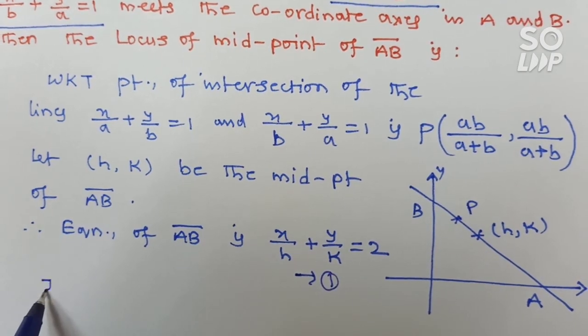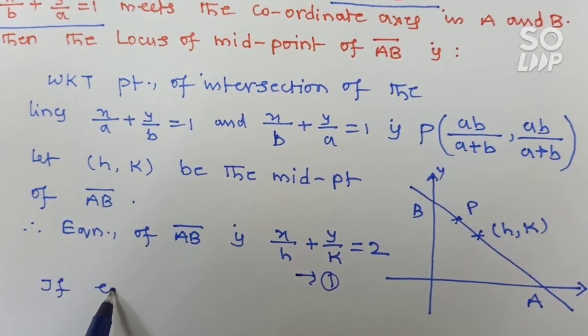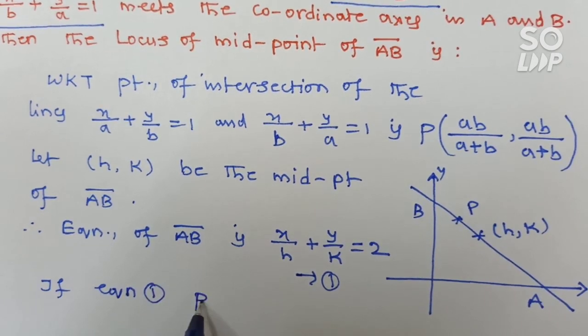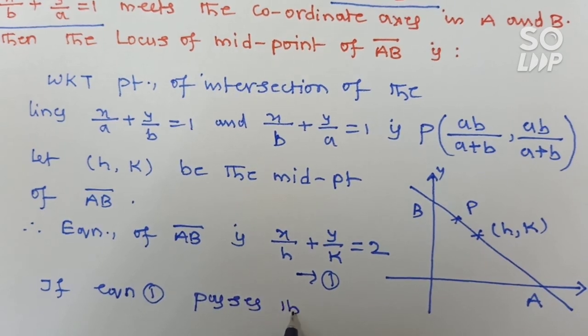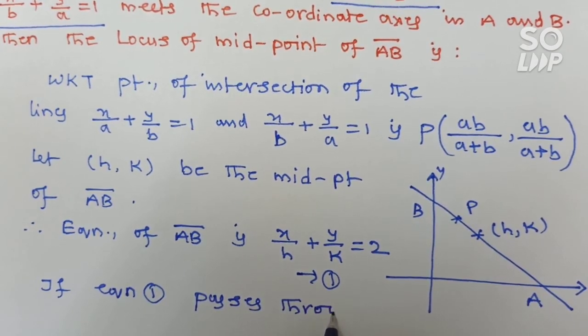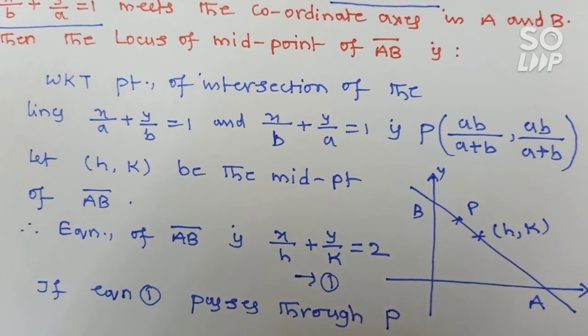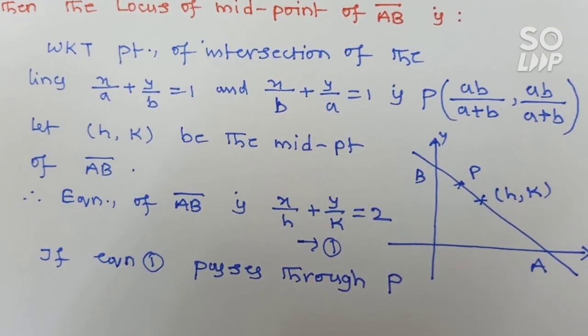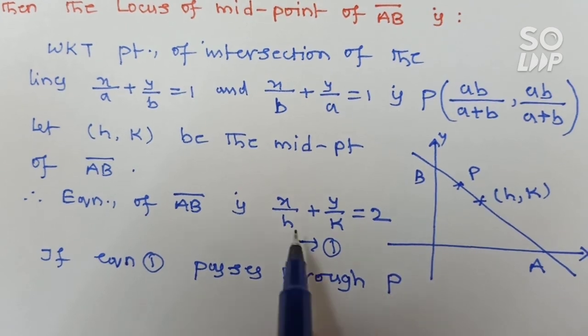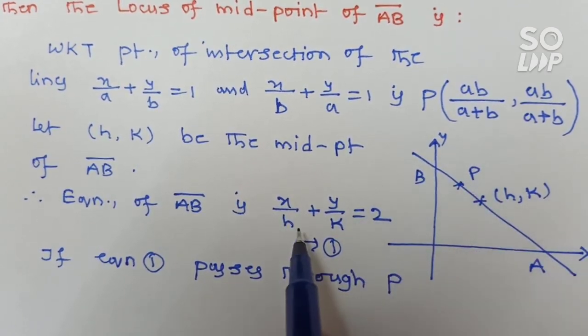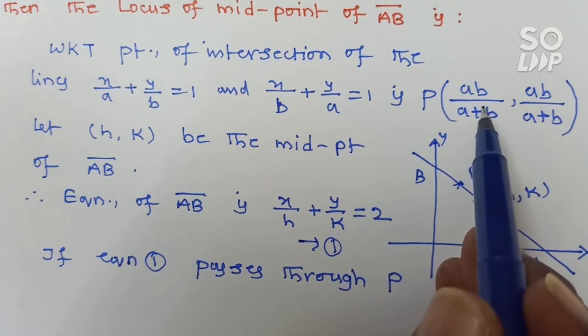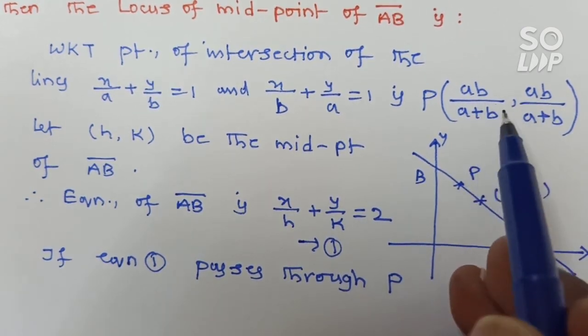If equation 1 passes through P, what is that P point? The point of intersection of the given two lines. That means you substitute that P point in this one. Here the x coordinate and y coordinate are both equal.